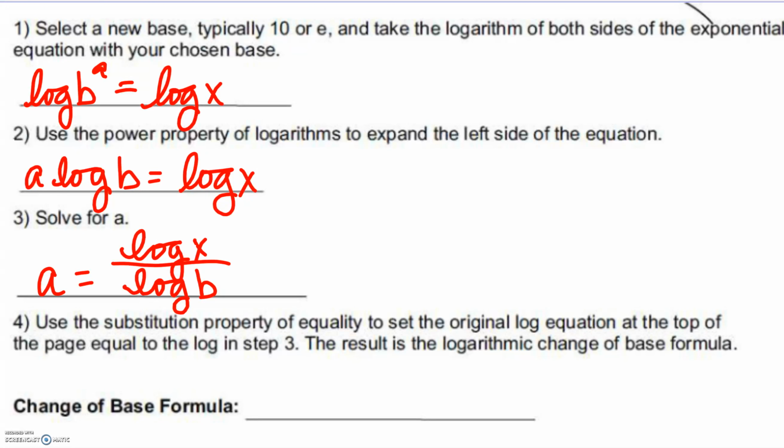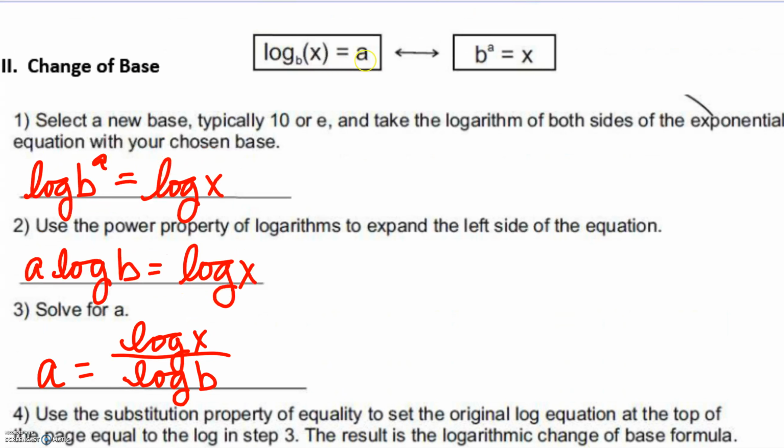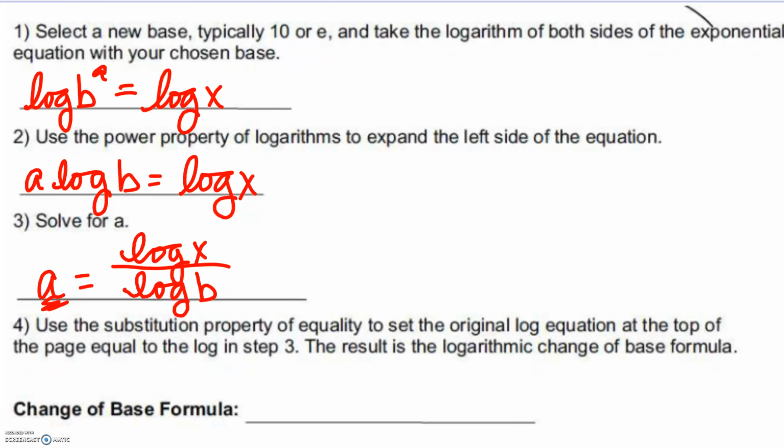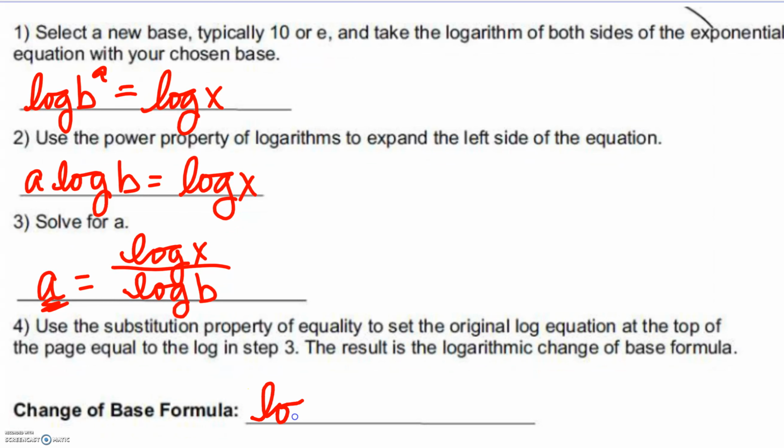And then it says use the substitution property of equality, set the original log equation up here equal to this expression. So a is equal to both of these, and so these are equal to one another. So we would just have log base b of x equals the log of x over the log of b.